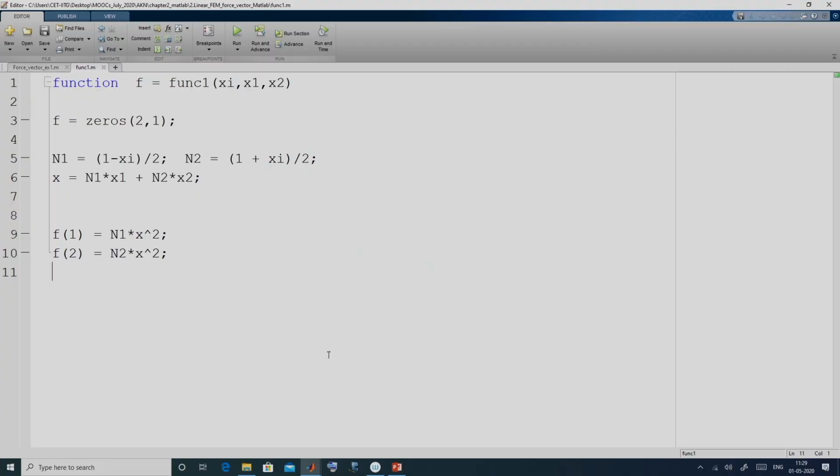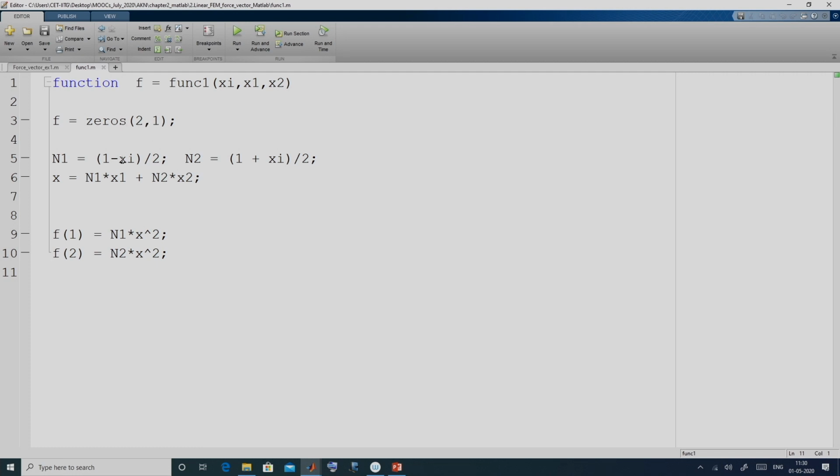This is one MATLAB function whose input is xi, that is the Gauss point, and x1 and x2 are nothing but the left and right coordinate of the element. This function returns the value of the integrand at the Gauss point.